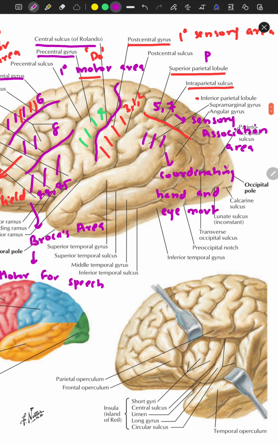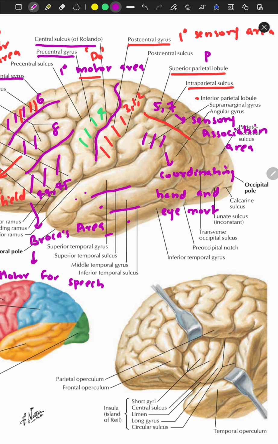So this is the temporal lobe. In the temporal lobe there are two sulci which divide it into the superior temporal gyri, the middle temporal gyri and the inferior temporal gyri.